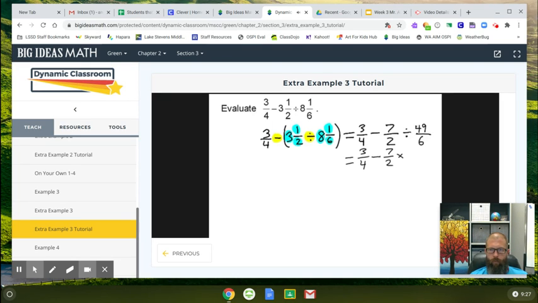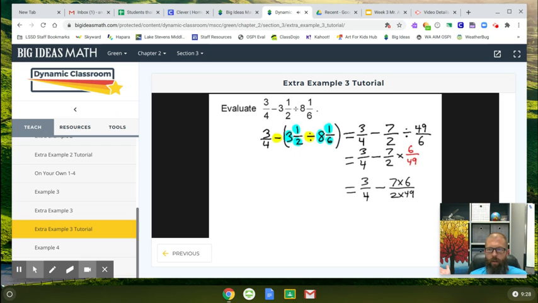Now we can start multiplying. Oh, I see some common factors we can divide out. What do we do first? Numerators and denominators, right? 7 goes into 49. Well, let's divide out common factors. 7 goes into 7 once, and 7 goes into 49 7 times.